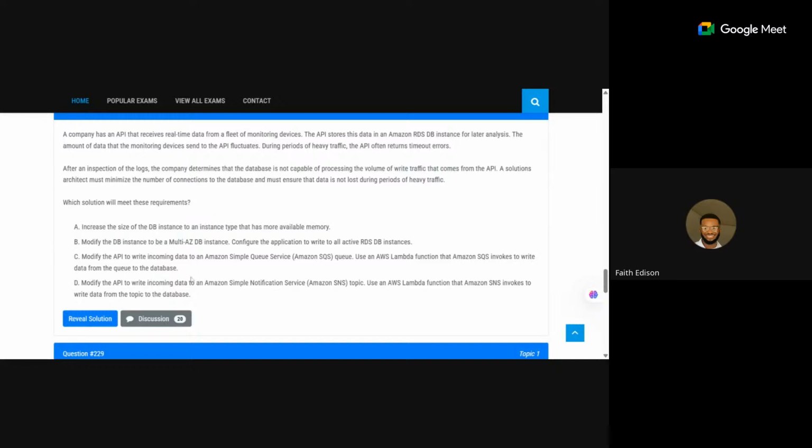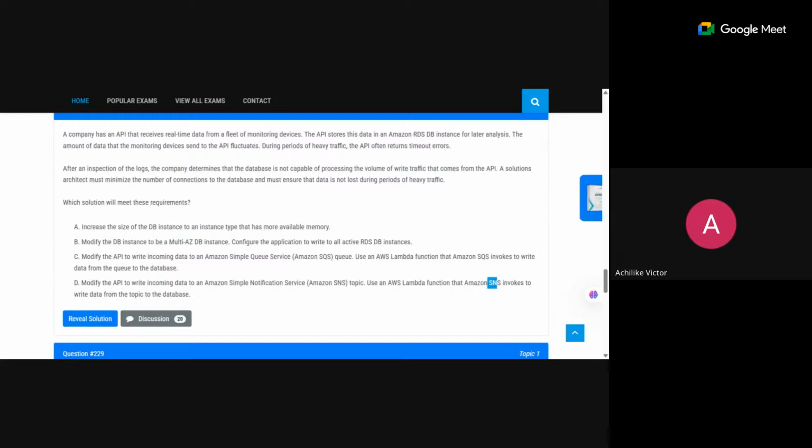Modify the API to write incoming data to an SNS. No. These two options are similar, but this one says SQS, this one says SNS. SQS makes more sense, yes, because they said during periods of heavy traffic, the API returns timeout errors. The traffic is overwhelming the server.